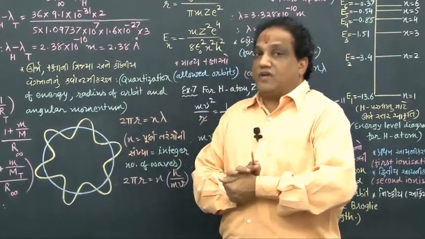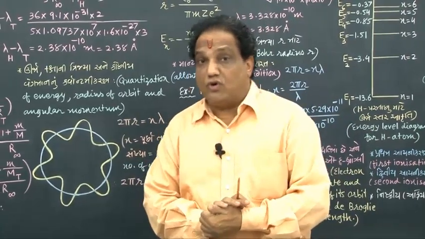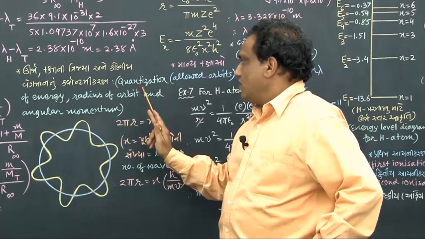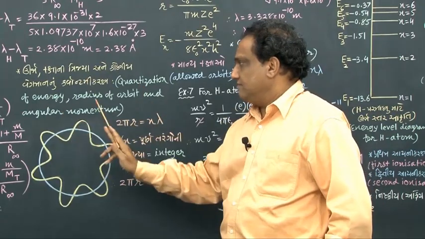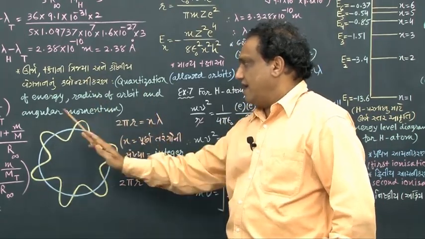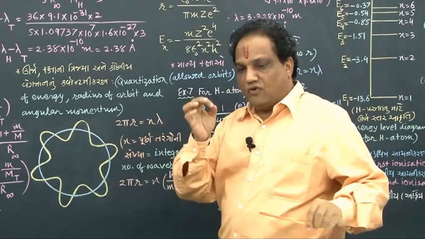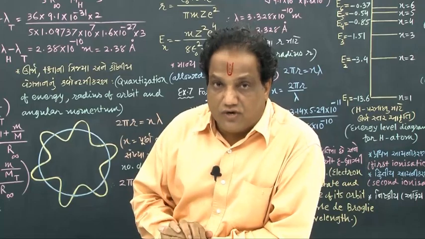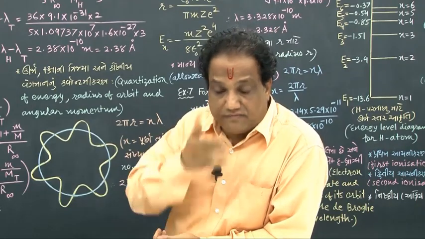Now my dears, we are going to discuss a very important theoretical article. Look at the title: Quantization of energy, radius of orbit and angular momentum for an electron orbiting in, right now we will take the hydrogen atom, okay? Fine.